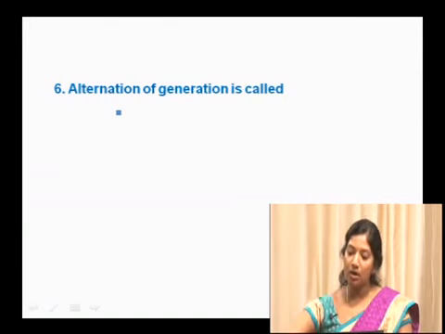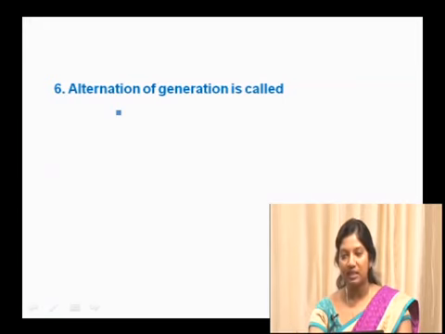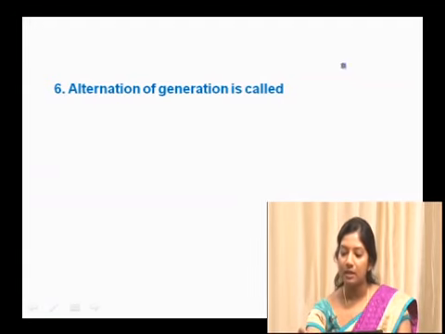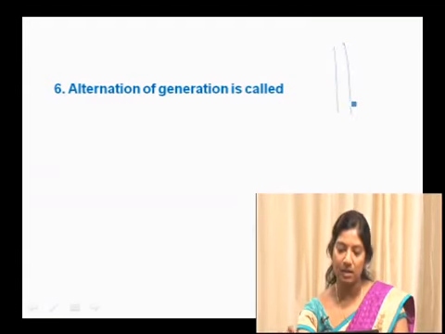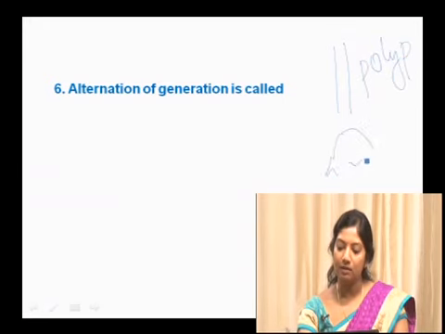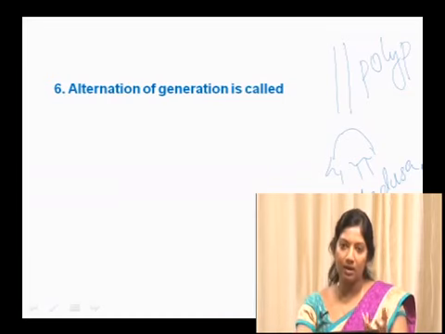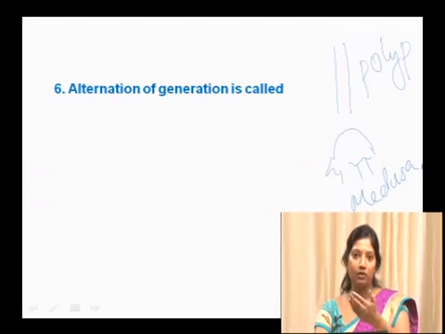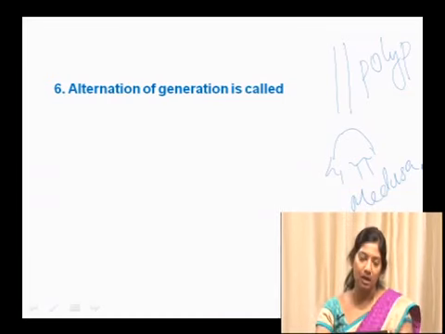So in the life cycle, if you see the physical structure of the body, sometimes they are cylindrical like hydra. These are actually called polyp. Okay, and some they look like the jellyfish, that is umbrella like. These are called medusa.